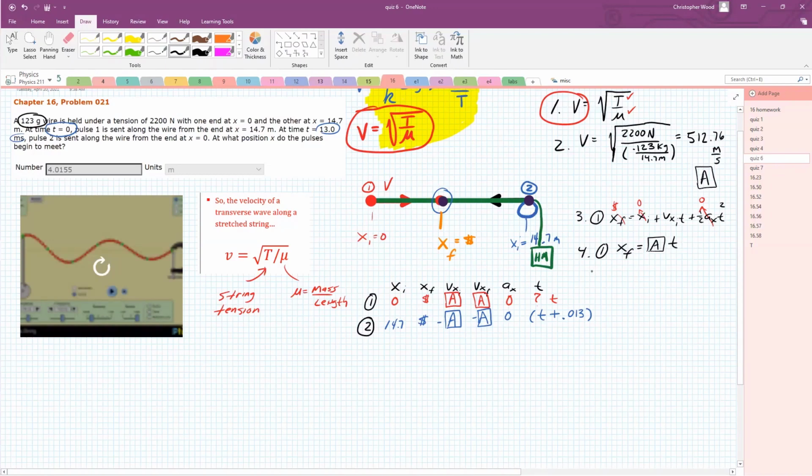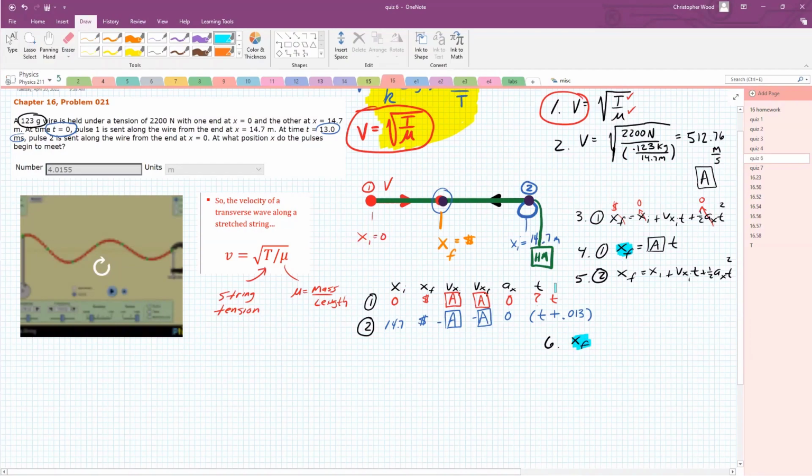And I'm fine with that because now when I look at pulse 2, I'm going to play the same game. For pulse 2, X final equals X initial plus VX initial T plus 1/2 A sub X T squared. Here's step 6. So X final, and this X final is the same as this X final.